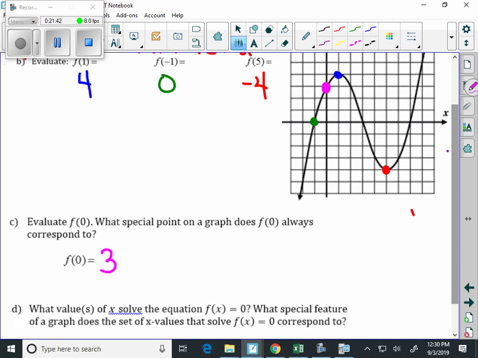And there's a special name for that point. Do you remember what it's called? It's the y-intercept, where the graph crosses the y-axis. Whenever x is 0, that's going to be the y-intercept.